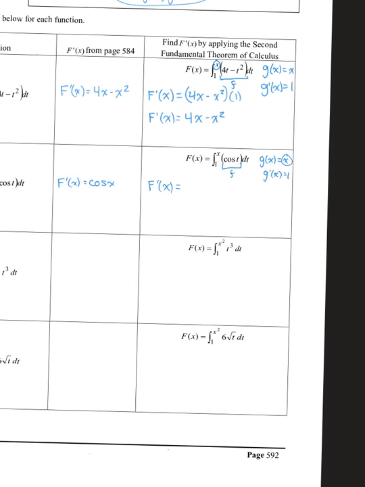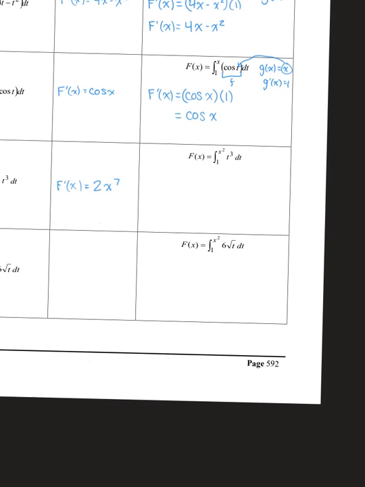So what we're doing is we're plugging in x in for t there. So we get, excuse me, cosine of x times g prime, which is 1. So f prime is just cosine of x, which again is what we got from the previous page. So it's very easy to see whenever your g of x is x. If it's not, it can get a little complicated.